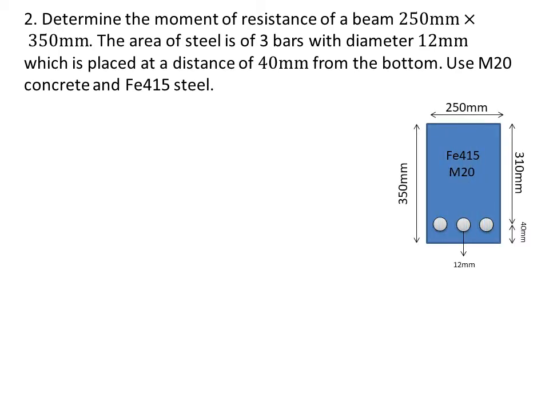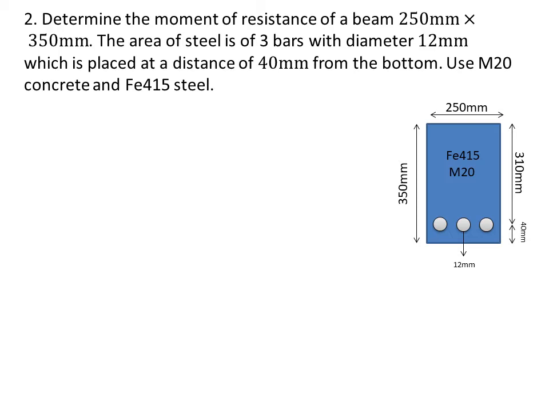Okay, it's mentioned here, it's placed at a distance of 40 mm. 40 mm is actually the cover of the beam, below the reinforcement. It says distance of 40 mm from the bottom, that is after the bar is placed at the bottom here.